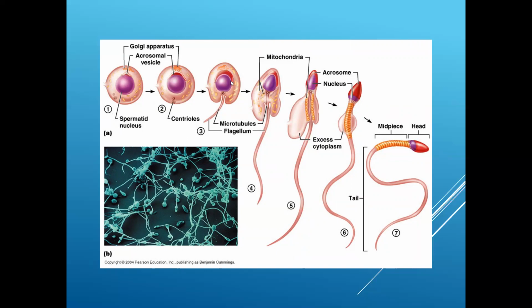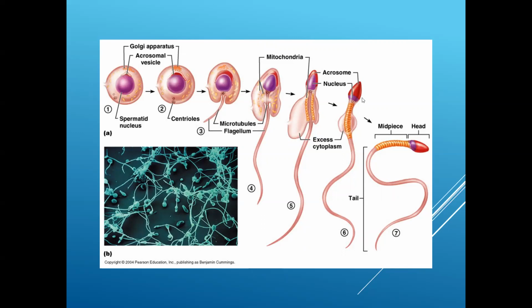And so we're going to cram pack all of the hydrolytic enzymes in this little red thing up here at the top that's going to be the acrosome. So this little cap on the end is chock full of hydrolytic enzymes against the ovum.